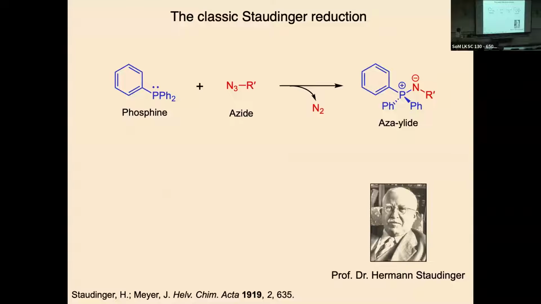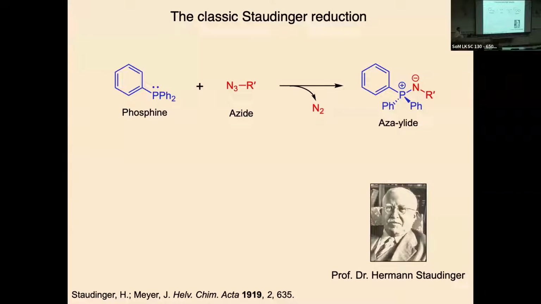It's called an aza-ylide. And it's a chemistry I was well familiar with because I had used this when I was in graduate school as a tool for chemical synthesis. It's a very mild reaction between two chemicals that are not found in nature. So the phosphine and the azide came from the minds of chemists. They don't exist in the natural world as far as we know.